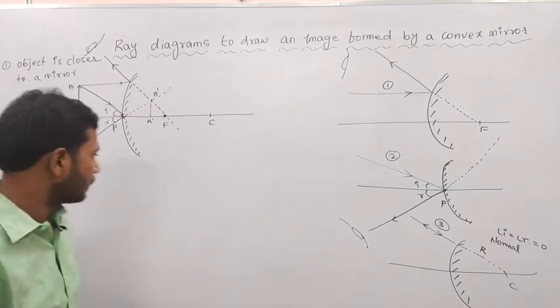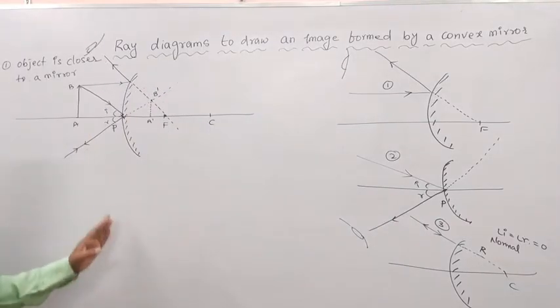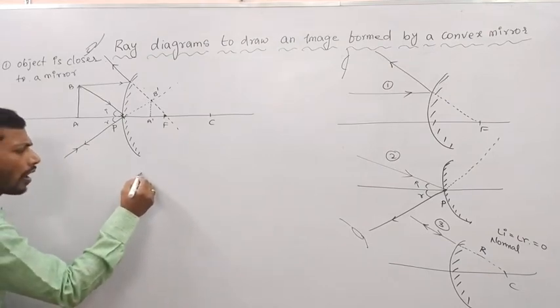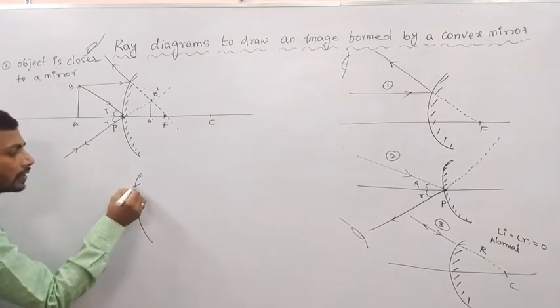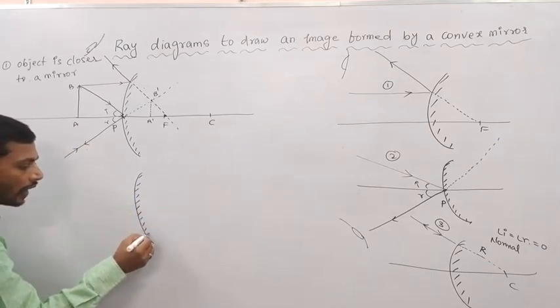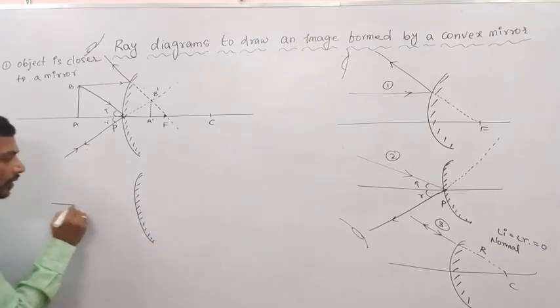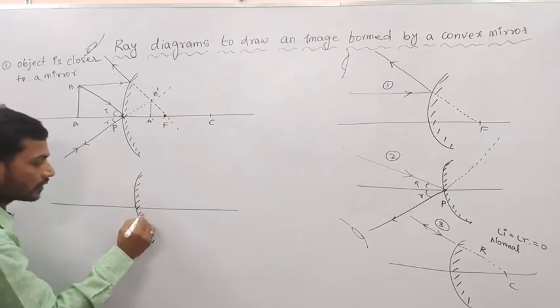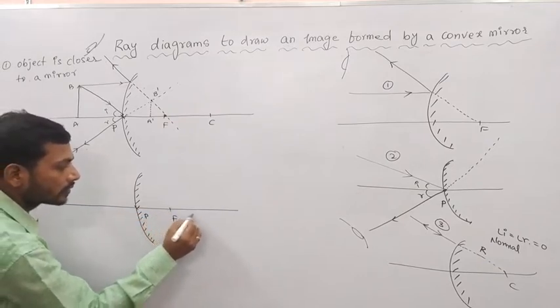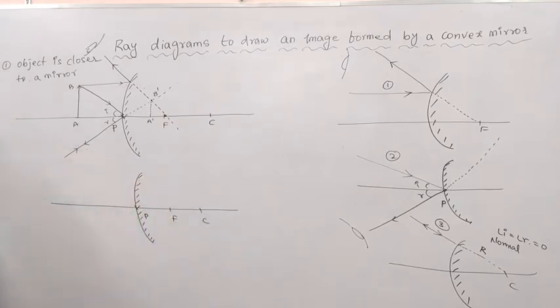Next case, when the object is at infinity. Infinity means the object is too far away, children. So now I am going to take a convex mirror. This is the pole, focus, center of curvature. When the object is too far away, we represent it with infinity, meaning we are unable to measure the distance of the object.